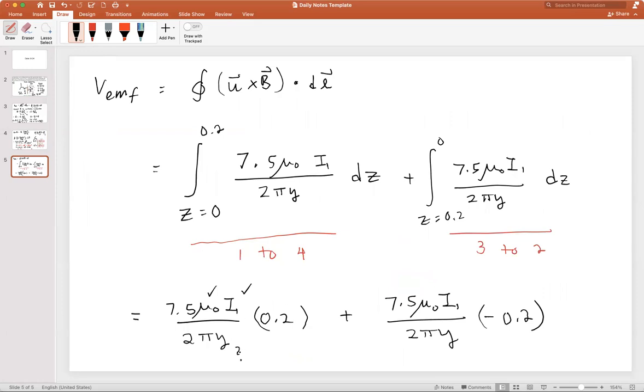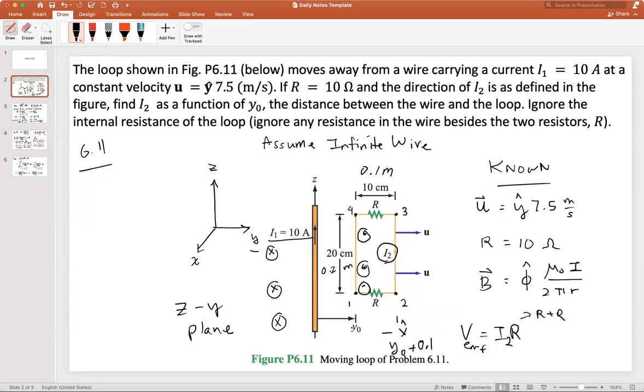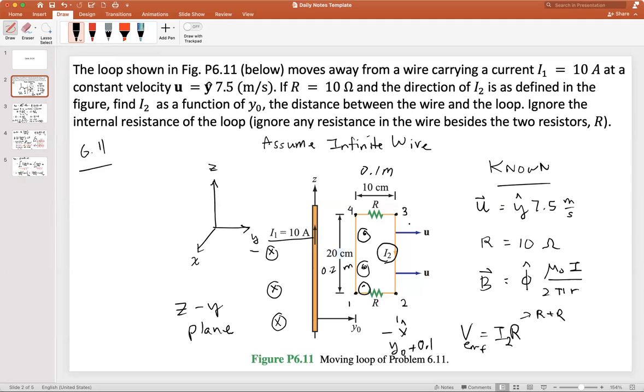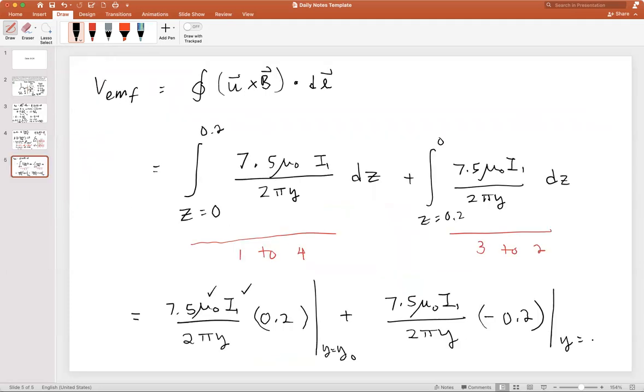Let's evaluate these respectively. Path 1 to 4 is at y naught, whereas path 3 to 2 is all the way over here at y naught plus 0.1 meters.